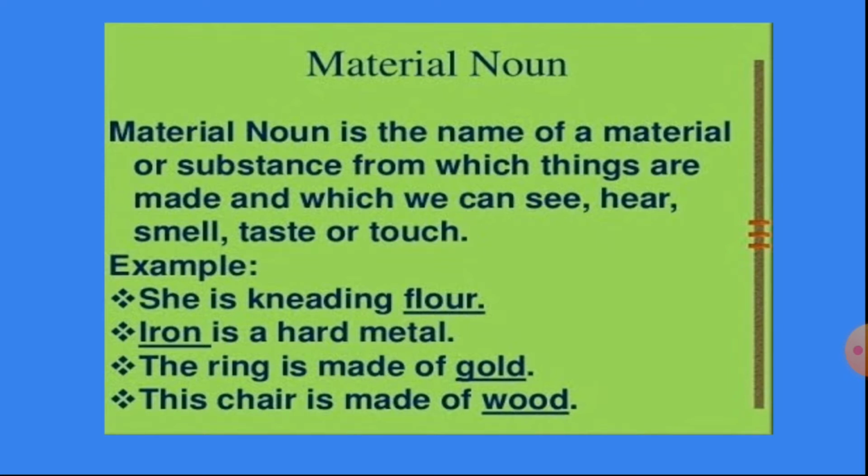Iron is a hard metal. Now iron is a material noun. The ring is made of gold. Gold is a material noun. This chair is made of wood. Wood is a material noun. Let us see some more examples of material noun.